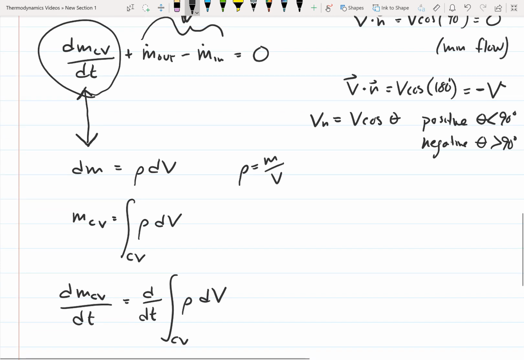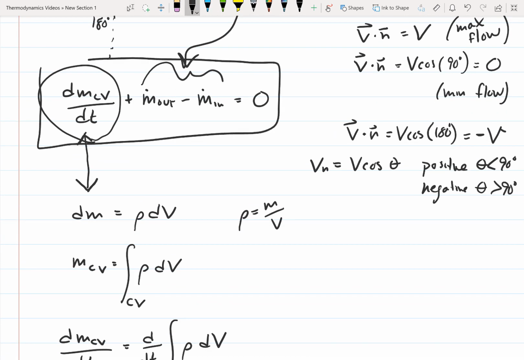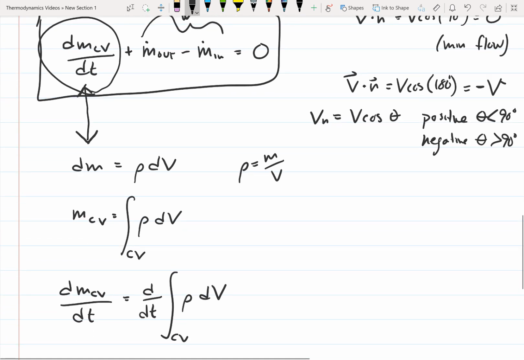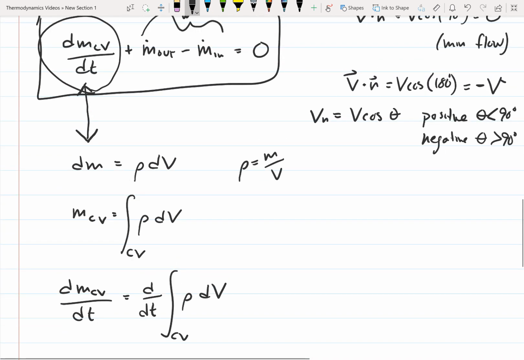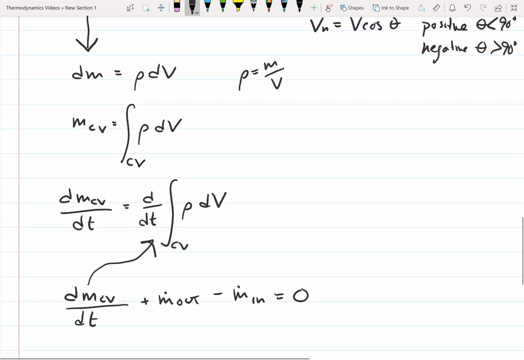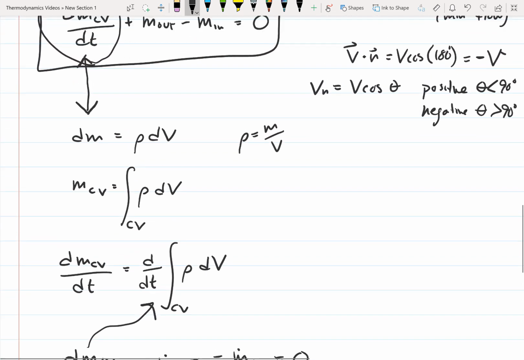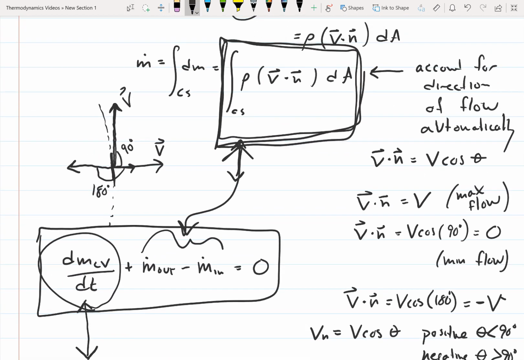So now we can piece this equation together. I want to put together the pieces that we've derived, so I'm going to rewrite that equation so it's all on one page. dm cv dt plus m dot out minus m dot in is equal to 0. We've said that the first term is equal to that, and m dot out minus m dot in is equal to this.